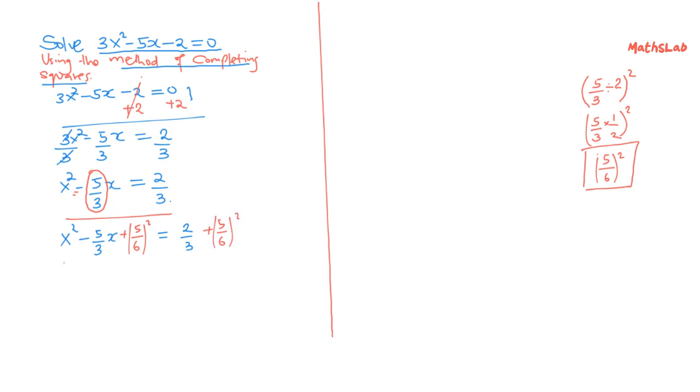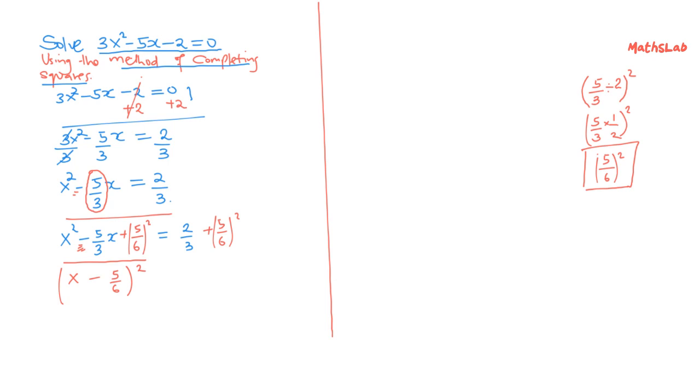Now if you look at this side of the equation, now we have a complete square, and that being the case, we can factorize this as x, and we are going to pick 5 out of 6, square everything, and we are going to have to maintain the negative sign between the two numbers.